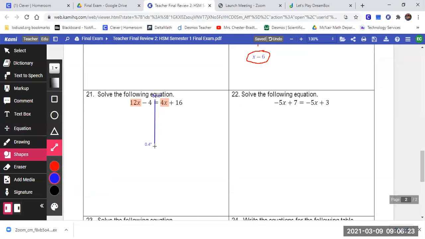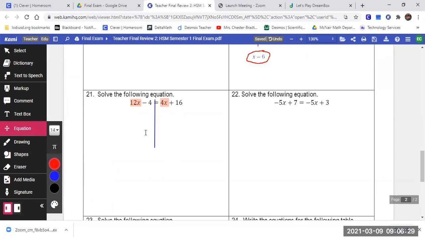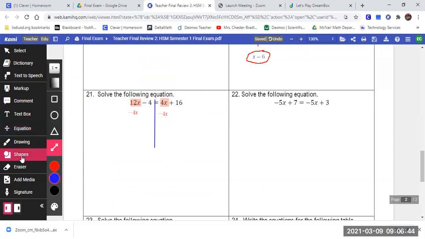I got to move it over the line. What am I going to have to do to big 0? Subtract the 4x from both sides. Yes. So minus 4x from the 12x and minus 4x from 4x, which is the big 0. That's why we can cross that one out, because it's now 0.